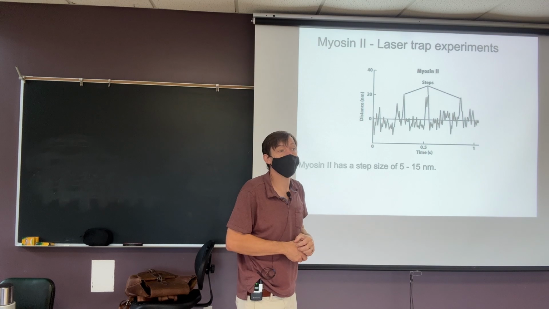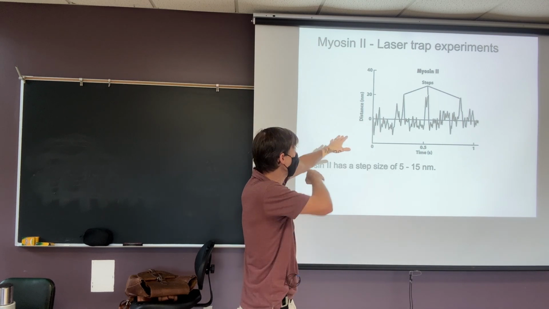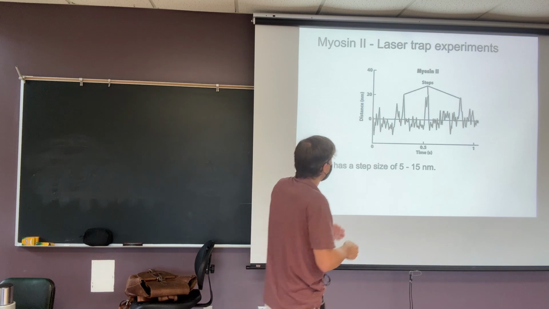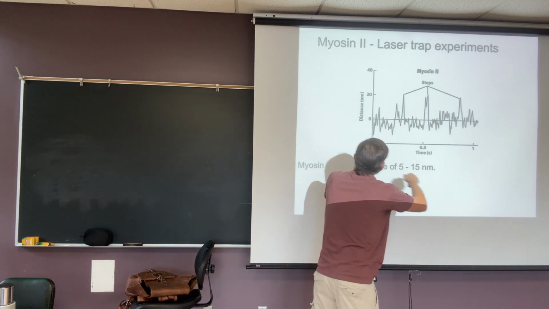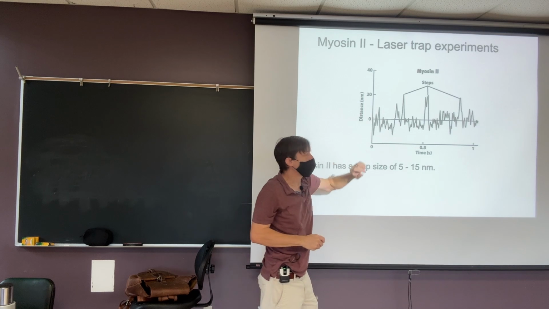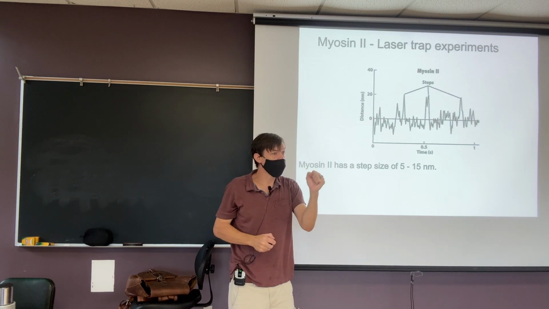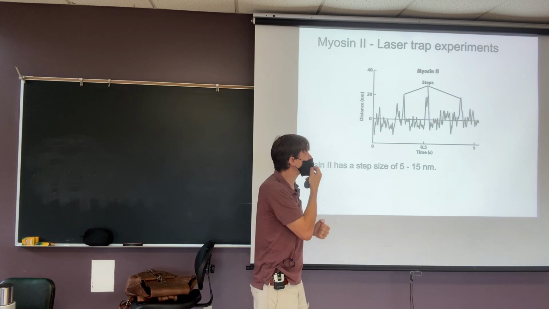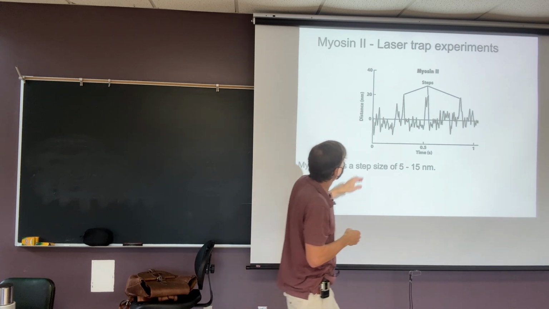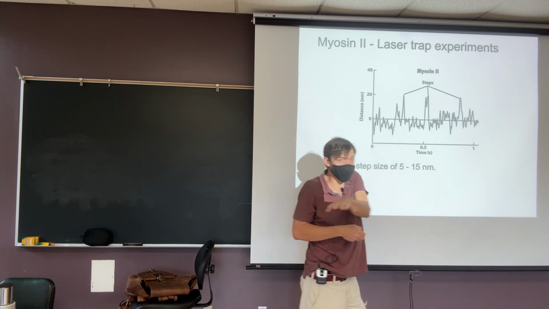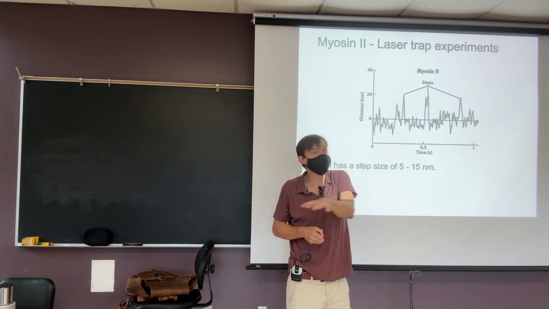And these are the outputs from these laser tweezer experiments. We have time on this axis, and distance moved in nanometers. Just to recall, actin is about 5 nanometers. The jiggle in this line is the displacement of the bead from the center of the trap.